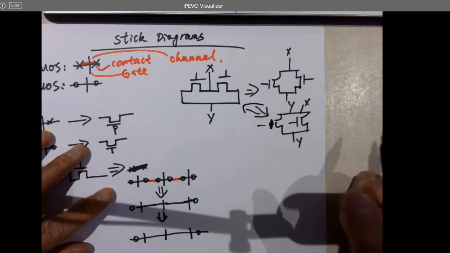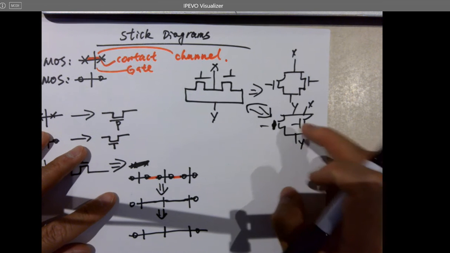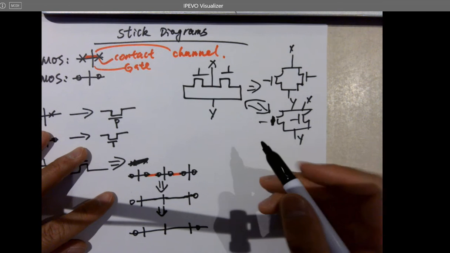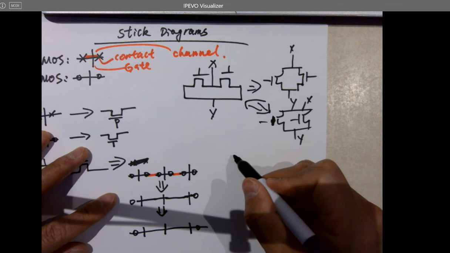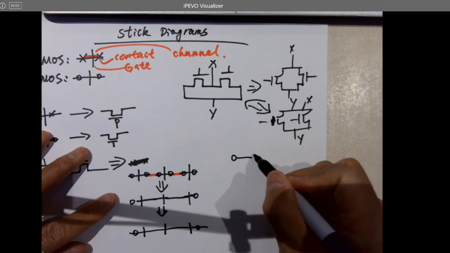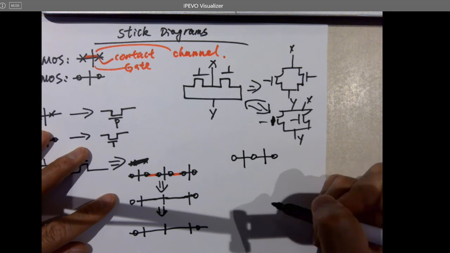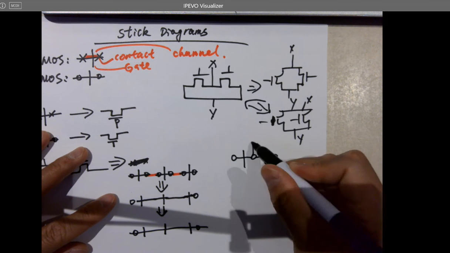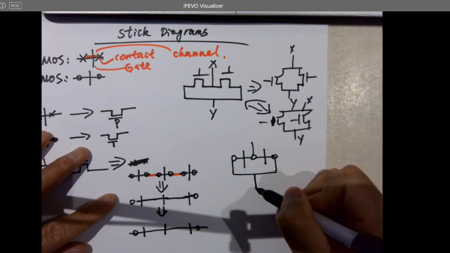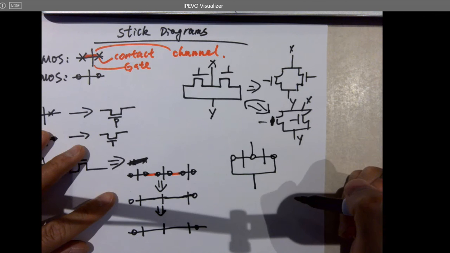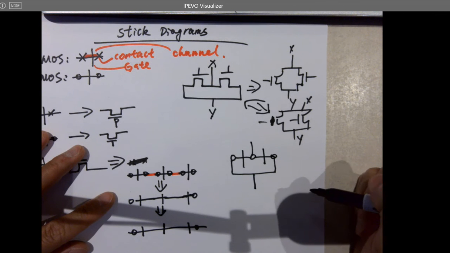So if you draw the state diagram from this parallel NMOS structure, it looks like this. Is that correct?